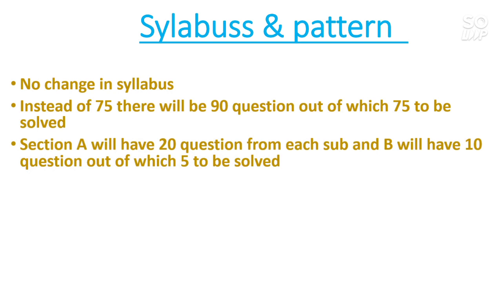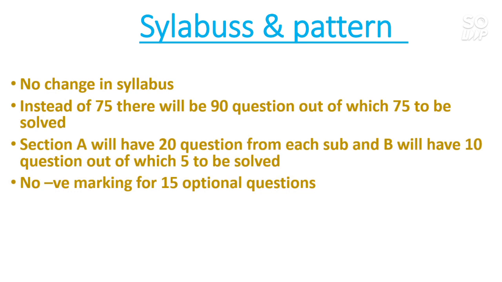That means for each of Physics, Chemistry and Maths, 10 questions will be given in Section B, of which you solve only 5, and those 5 will not carry any negative marking. So for these 15 questions, 5 from each subject, there will be no negative marks. There will be no negative marking for the 15 optional questions, optional because you have to solve 15 out of 30 questions from Section B.